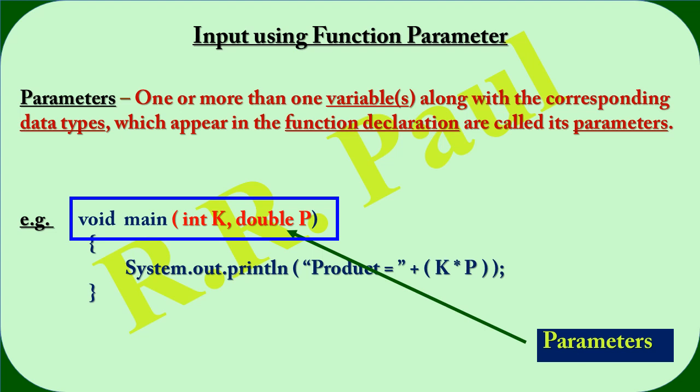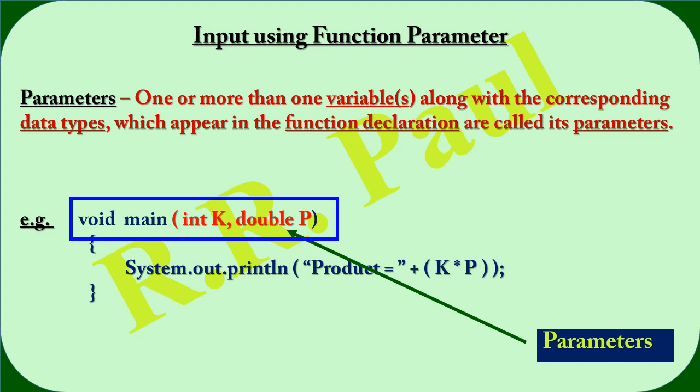Fresh variables are being created. And when the function is called, immediately some value is passed and stored in them. So k and p get their first value when the function is called with some parameters. Let's say we pass 20, 5 as the two values while calling the function main.